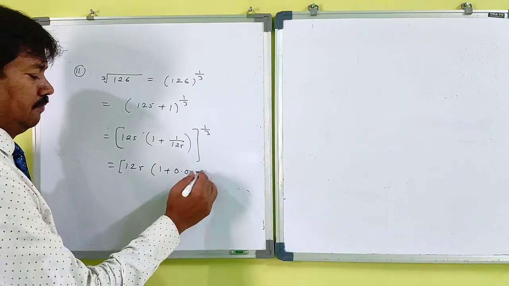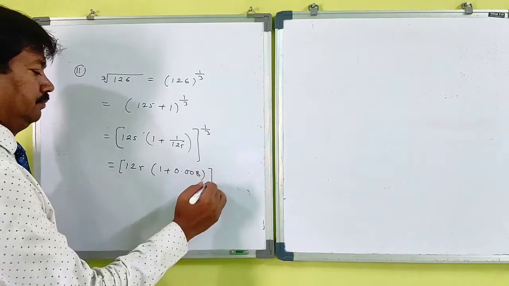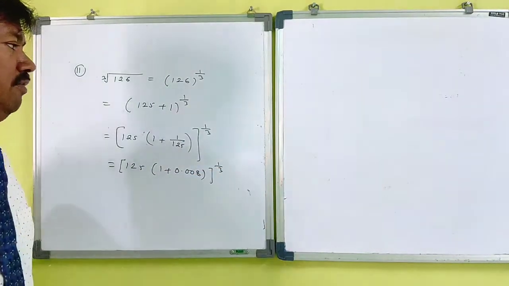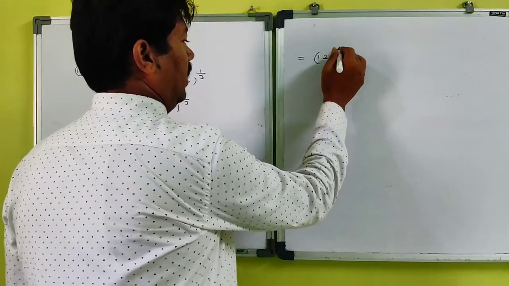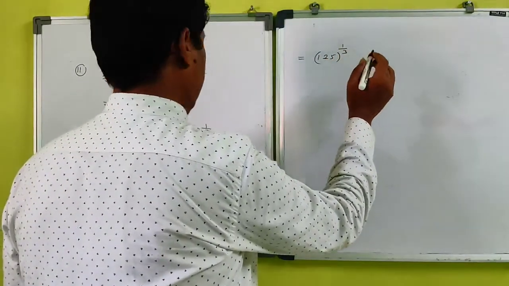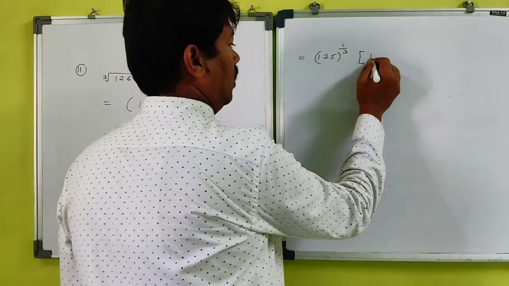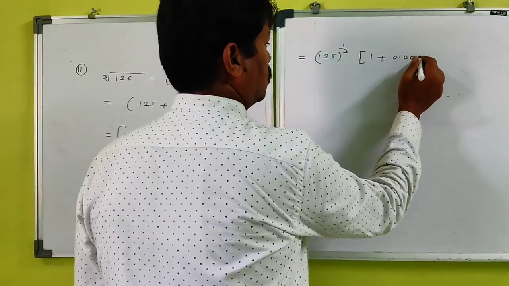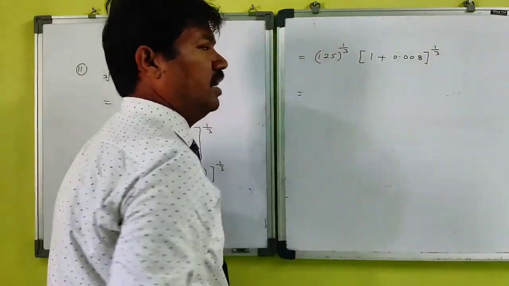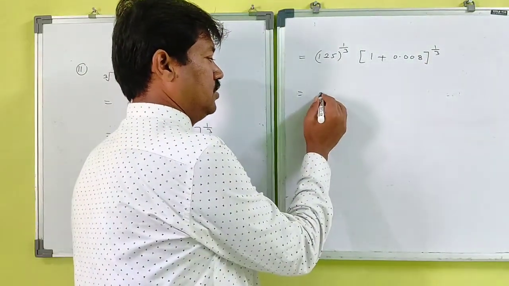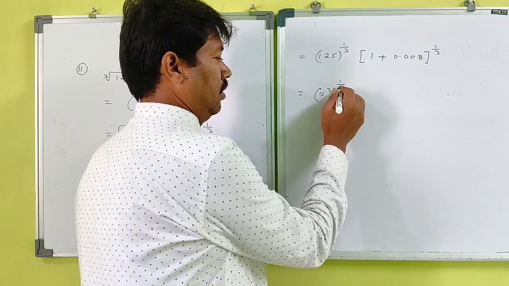So we have 125 raised to 1 upon 3, and here (1 plus 0.008) raised to 1 upon 3. 125 raised to 1 upon 3 is 5, since 125 is 5 cubed.